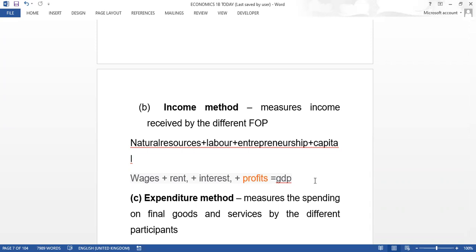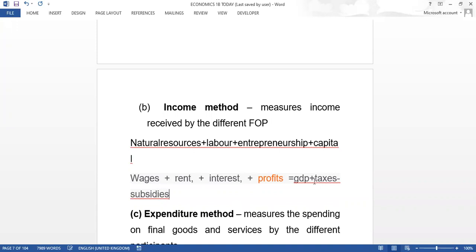So you find out that if you calculate the value using the expenditure method, if there is a difference, the difference can be reconciled by taxation and subsidies. So we're supposed to add taxation because we understand the incomes are taxed, and we're supposed to deduct subsidies because these are the assistance that are provided by the government to the firms, either in various ways for them to continue to produce or for them to remain within the markets, etc. So you find out that they'll be given subsidies.